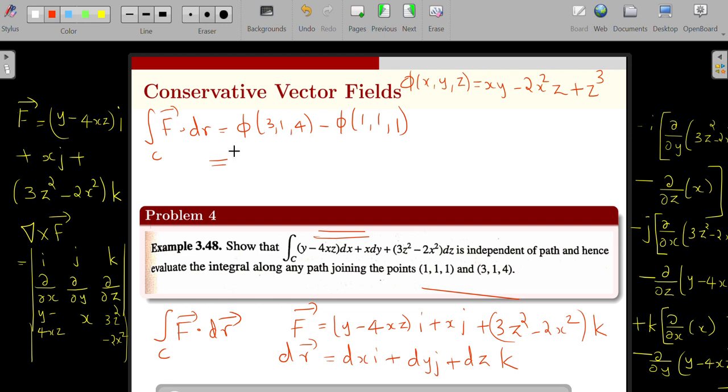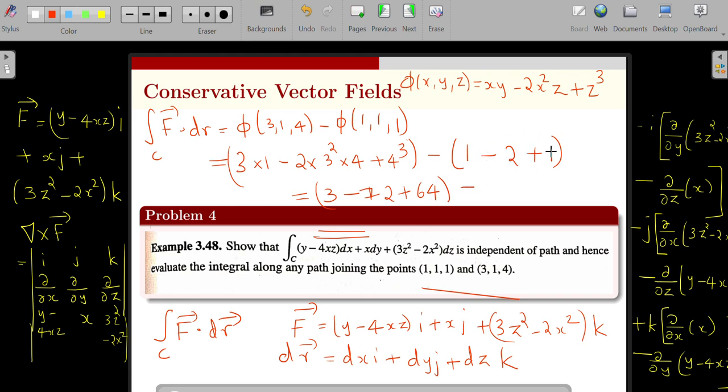Substitute the values for x, y and z in phi. We obtain phi of (3, 1, 4) as 3 into 1 minus 2 into 3 square into 4 plus 4 cube, minus phi of (1, 1, 1), which is 1 minus 2 plus 1, that is 0. So this is equal to 3 minus 2 into 9, that is 18, into 4, that is 72, plus 4 cube, which is 64.